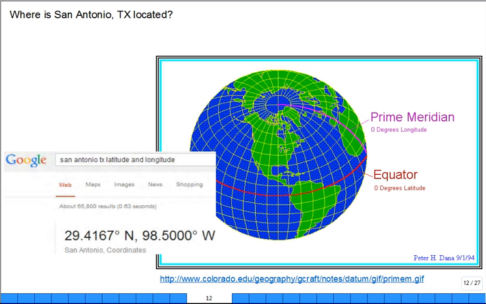So here's a question. Where is San Antonio, Texas located? Somebody might say it's a little west of Houston, south of Dallas, whatever. They struggled with this when they were doing navigation, and they actually had a big meeting and voted on it. We know how to measure things around what we call the equator, and we could get a good sense of where that is.